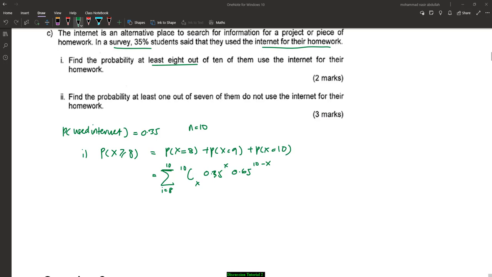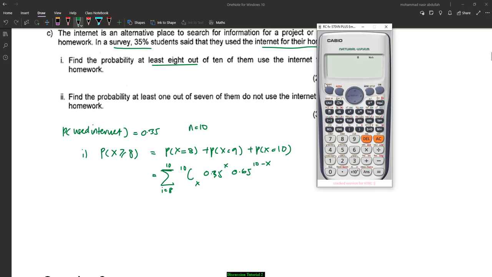Oops, where is my calculator? Right, so summation, the first one 10 choose x multiply with 0.35 power of x multiply with 0.65 power of 10 minus x, and this one starting from 8 until 10.